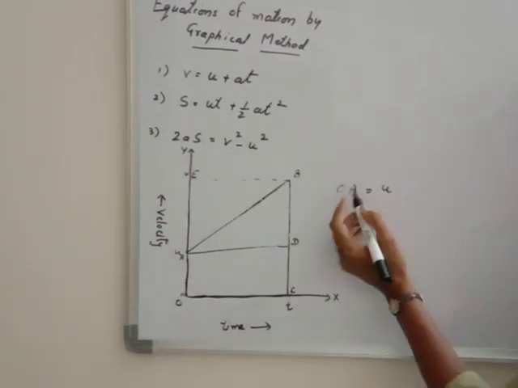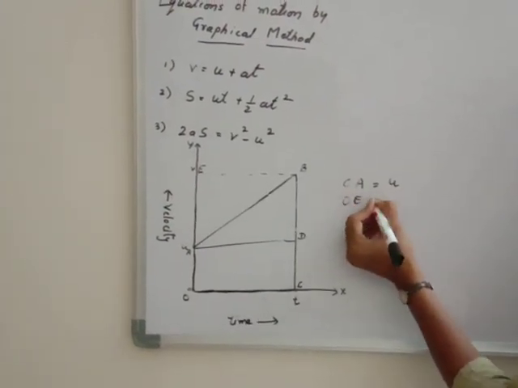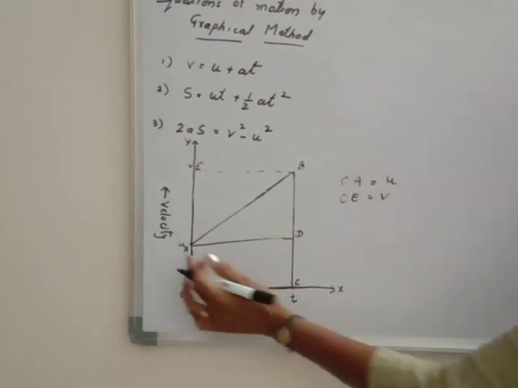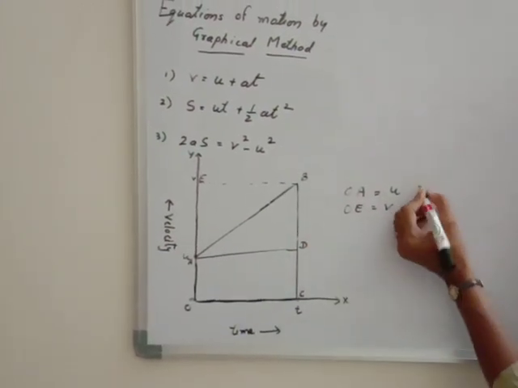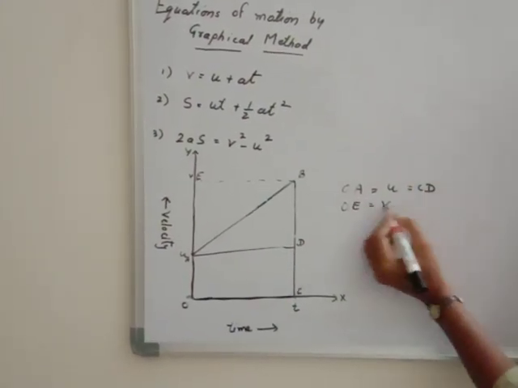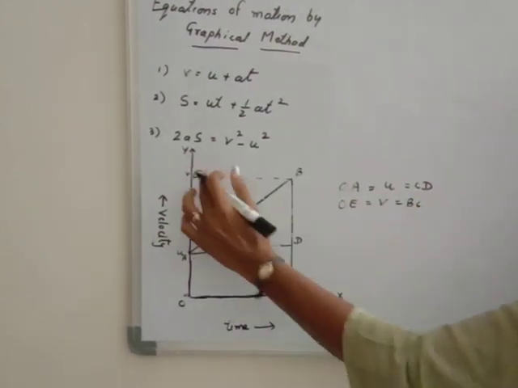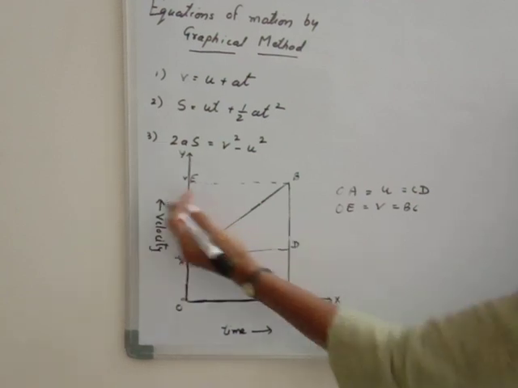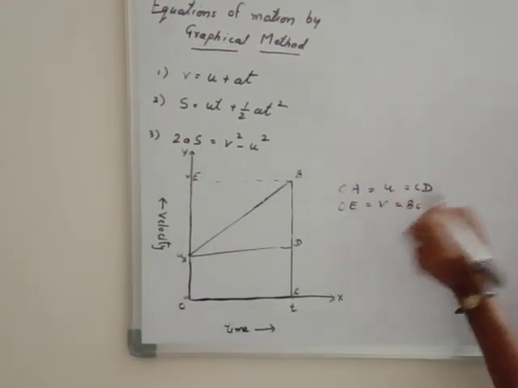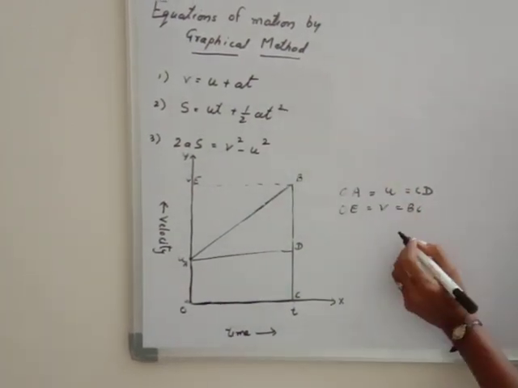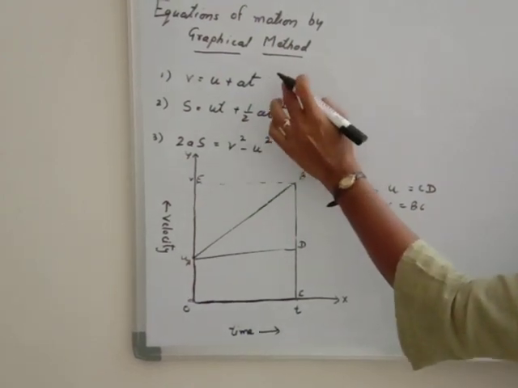And OE is v. Now OA can be said CD, we say that this is equal to CD. And OE means BC. Both distances are equal. Now we have to use all this concept in deriving the equation.